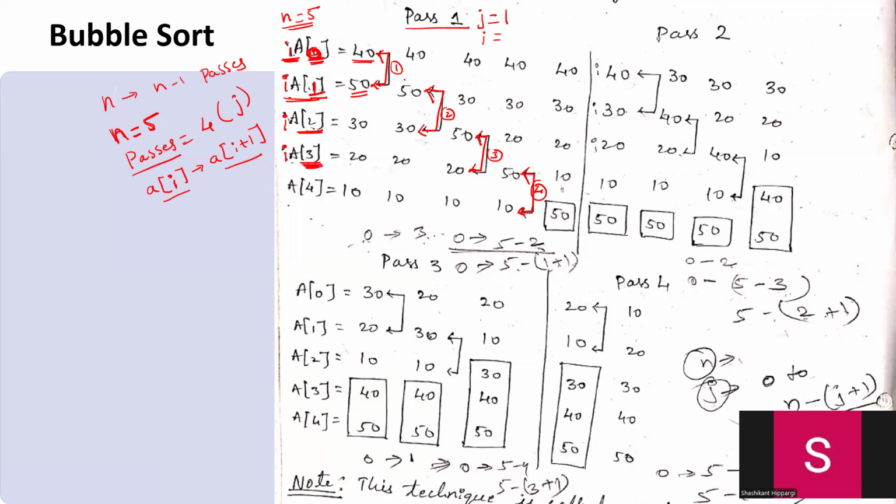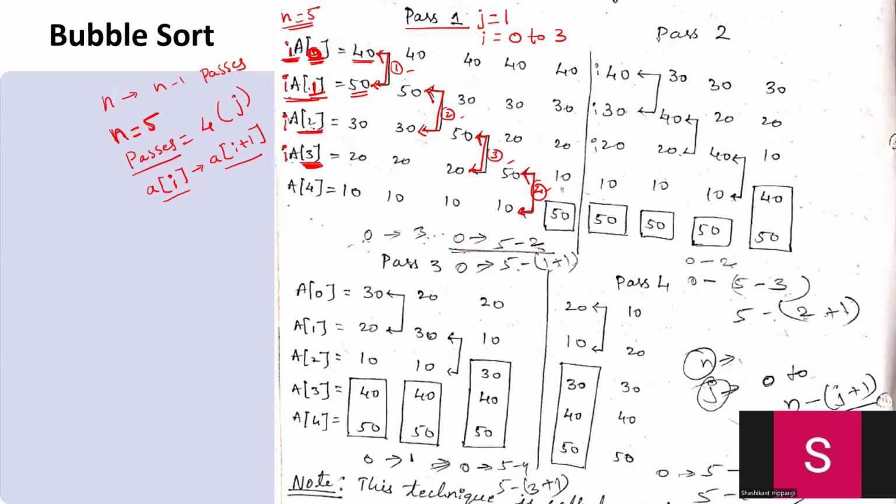In that case, we are performing 4 comparisons here. So the range of I should be from 0 to 3.